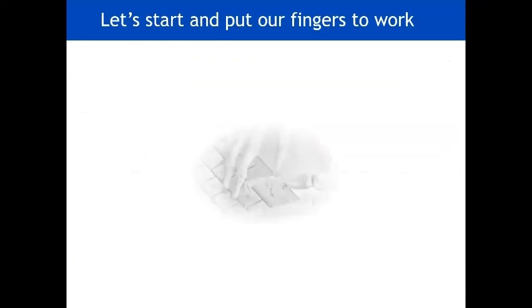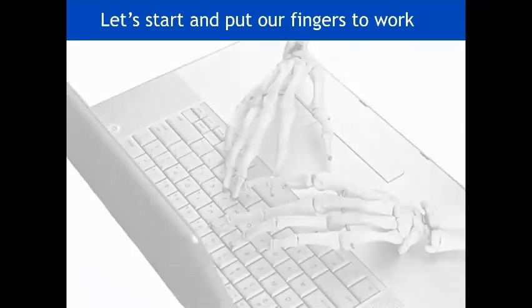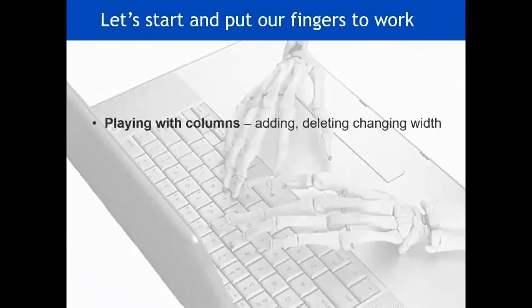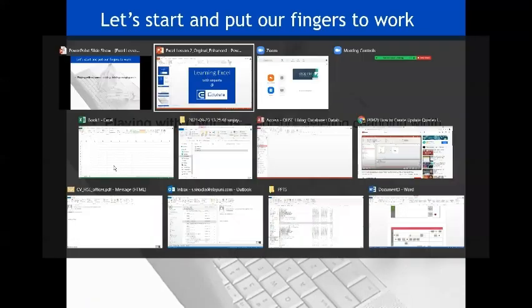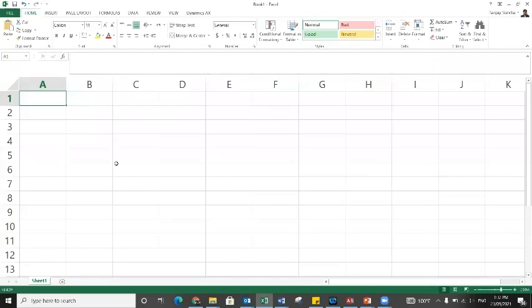Let's start and put our fingers to work. We will learn to play around with columns. Here we go to the Excel sheet, and let's assume we are entering some data points like 1, 3, 4, 6, 8.